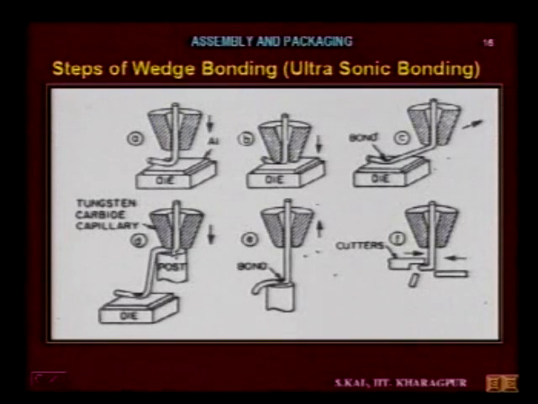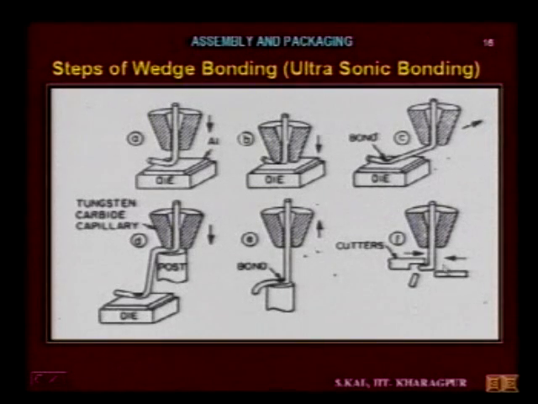After forming the wedge in this wire, the capillary is taken up, it moves upwards. Now here is a wedge, then on the post another wedge is formed, it is taken upward, then using a cutter we can separate the wire from this wedge shaped portion.